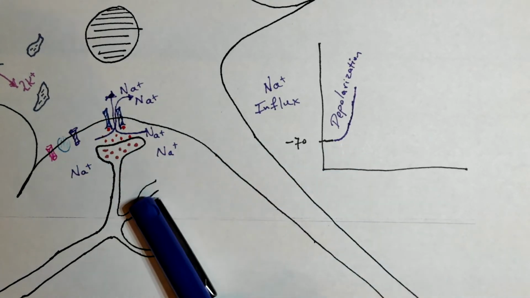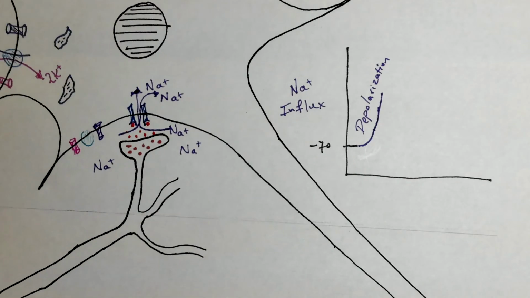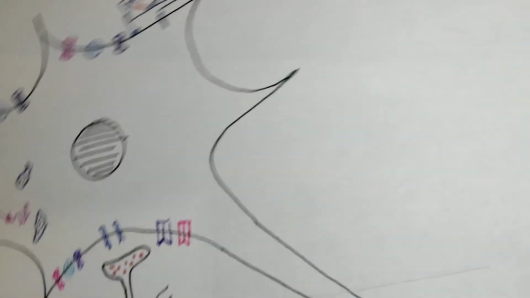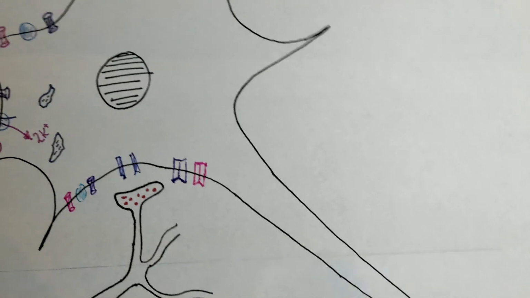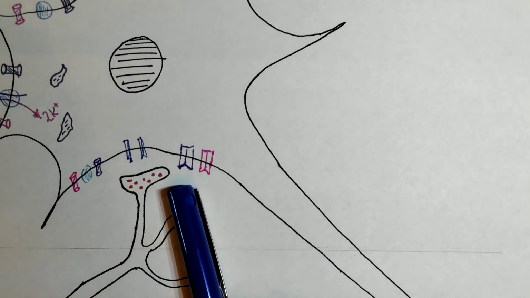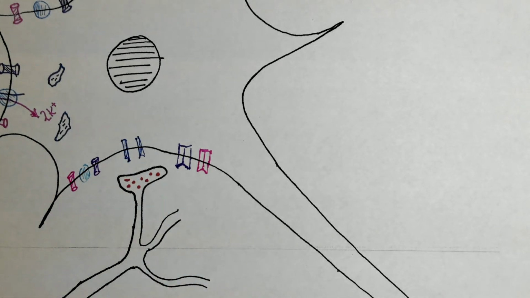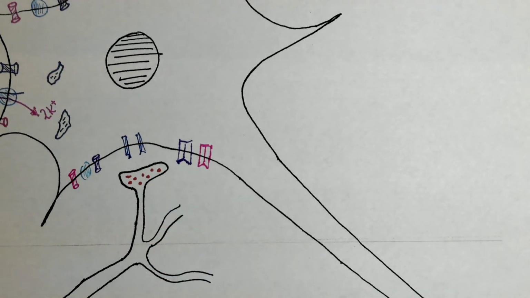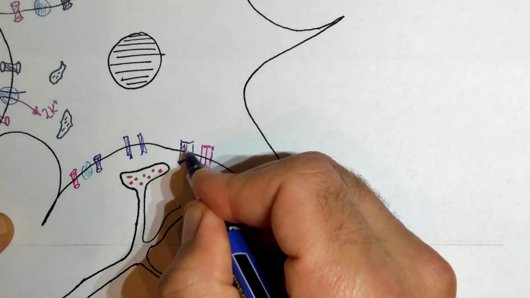Sodium rushes in, that starts to depolarize the cell. And then let's add some voltage-gated channels to our picture. These are the voltage-gated channels next to the ligand-gated channel. And this one is a voltage-gated channel for sodium. Right? This one is for sodium.